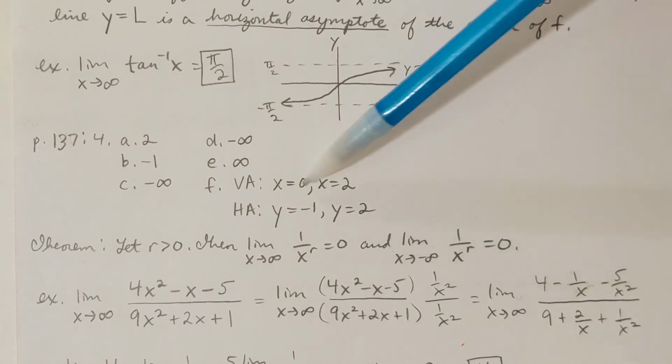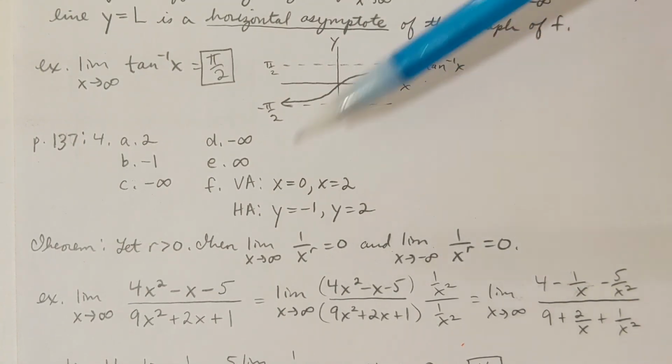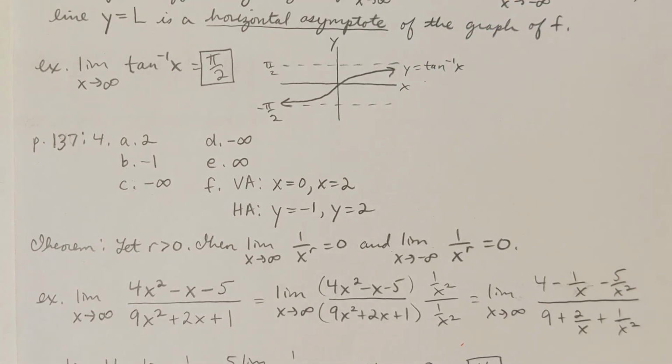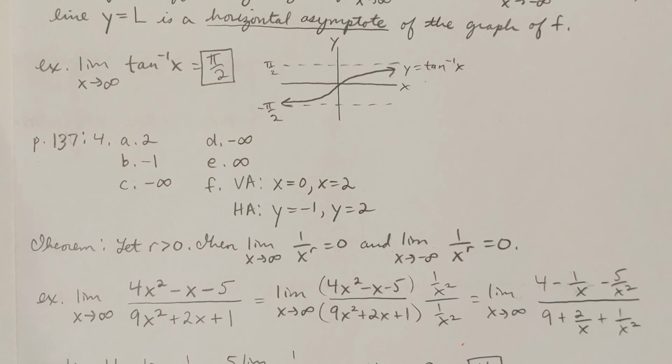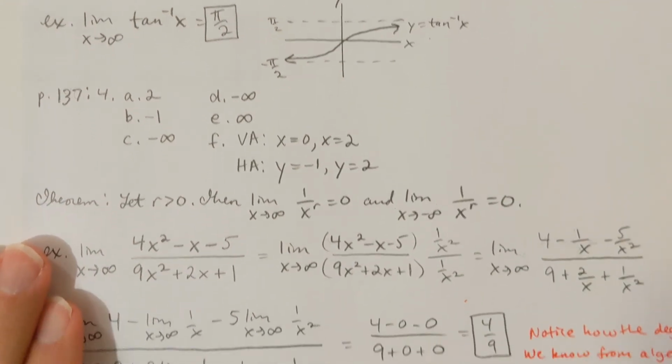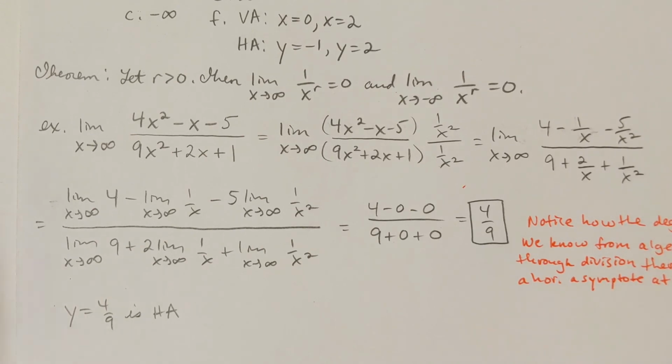Then no, they're not. x equals 0 and x equals 2, right? So be sure that you write it as an equation, just as they're asking for there in the problem, the equations of the asymptotes. And that'll be how WebAssign will want the answers typed in also as equations. Okay, let's take a look at, here's the theorem.